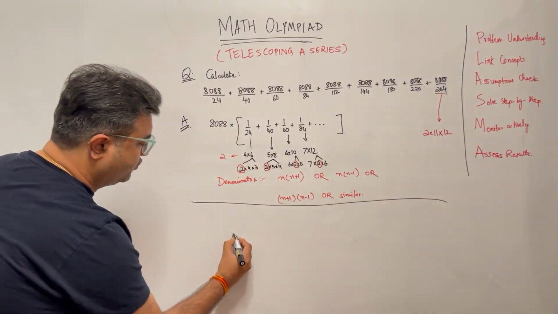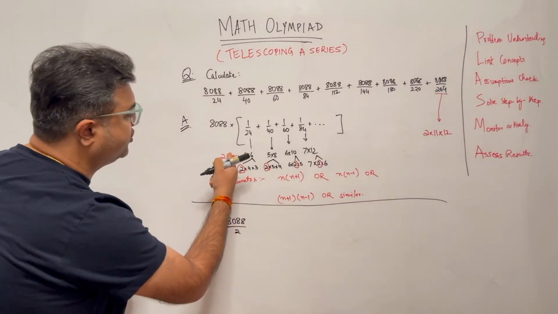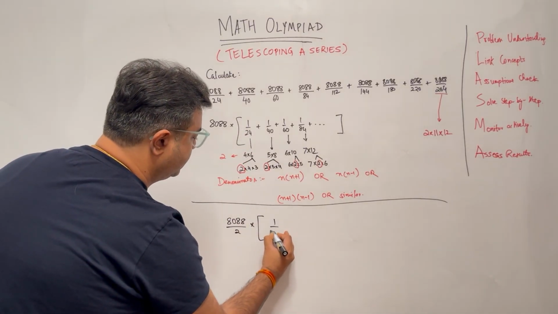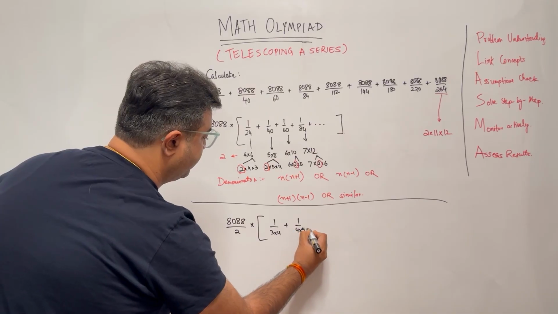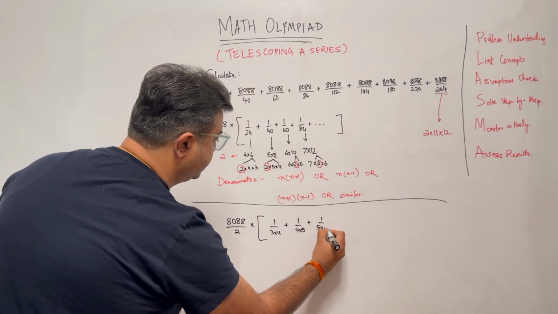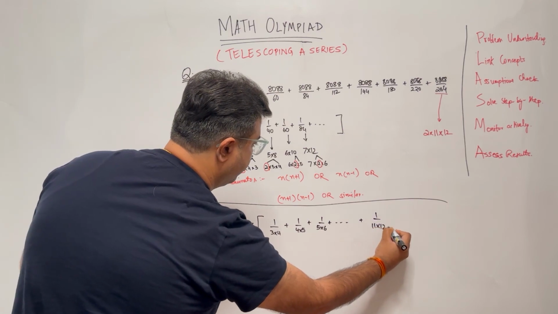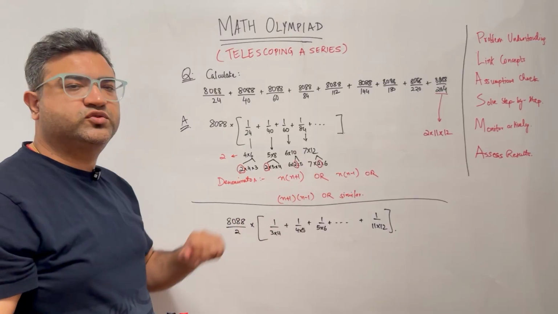We can write it as 8088 divided by 2 because we have taken out 2. Then what is left is 1 upon 3 into 4 plus 1 upon 4 into 5 plus 1 upon 5 into 6, up to 1 upon 11 into 12. Now we have changed it into n into n plus 1.